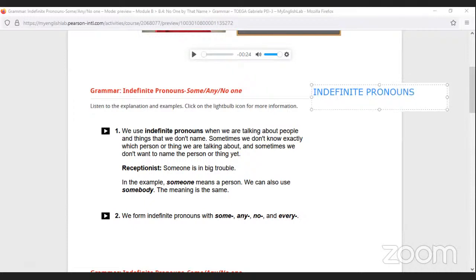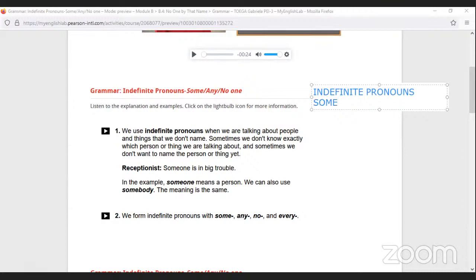Okay. So what do we have in this list of indefinite pronouns? We're going to talk about each one. Where do we use them? What are the words that we have to use? These are like the branch, and we have the variables. So we're going to start with some.